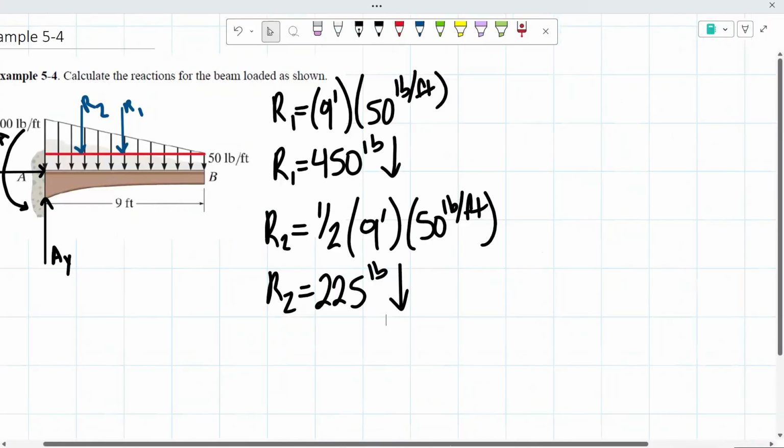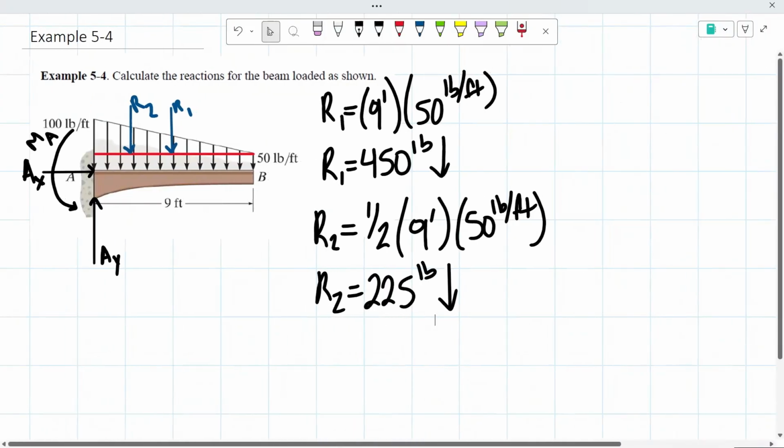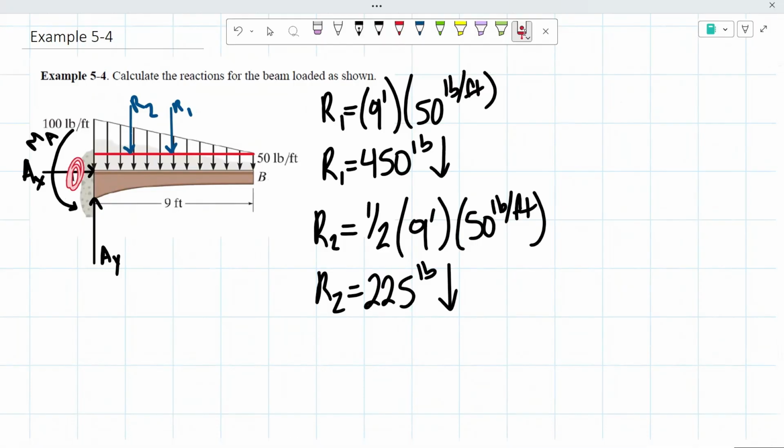Now for the location, I'm going to be determining their locations from point A, since we're trying to calculate the reactions at the fixed end, and our fixed end is point A. So like we said, R2 is from point A, 1/3 of the span.